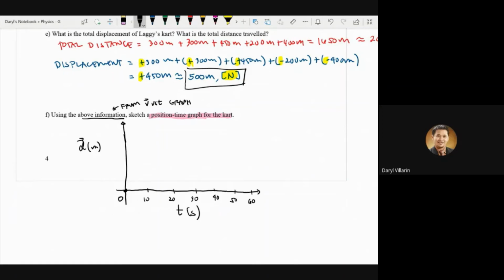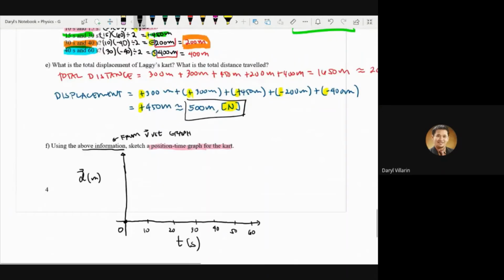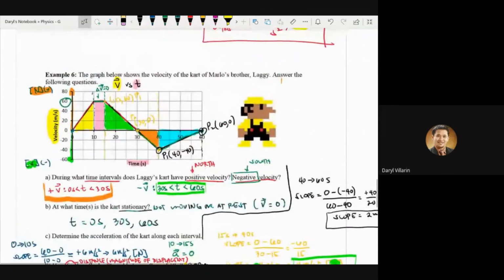Okay, so what do you think is the form of my graph in the position time if the velocity has a positive slope in the velocity time graph? So this is accelerating.